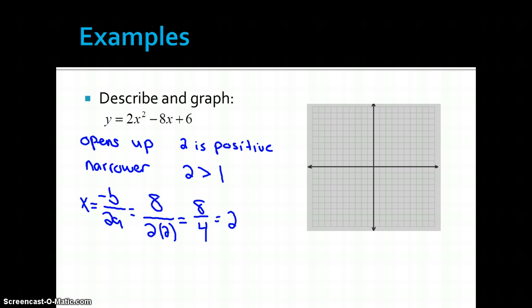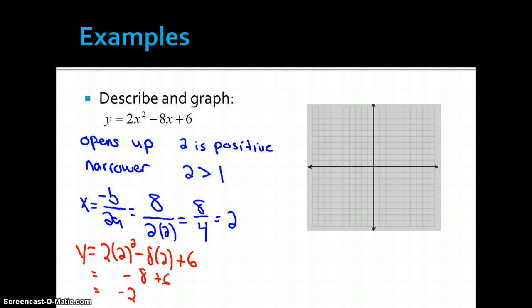So now I can plug that back in to my original equation. So I have y equals 2 times 2 squared minus 8 times 2 plus 6. 2 squared is 4 times 2 is 8. 8 minus 16, this is negative 8 plus 6.